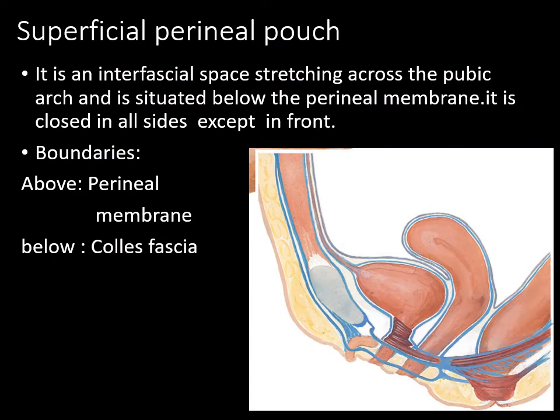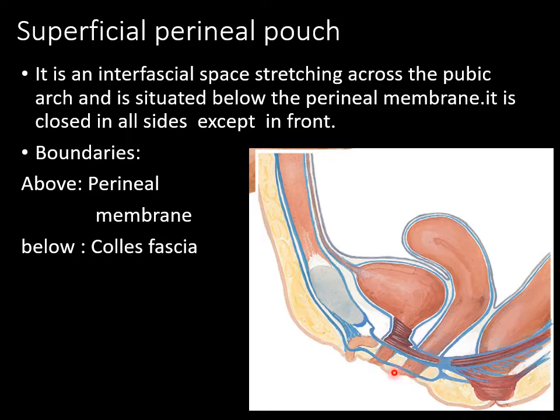Then, what is the superficial perineal pouch? So far we have discussed the Colles fascia and the skin. Then we have seen, in between the skin and the Colles fascia, the fatty layer called the superficial fatty layer. Then we are moving deeper, and the first structure we can identify is the superficial perineal pouch.